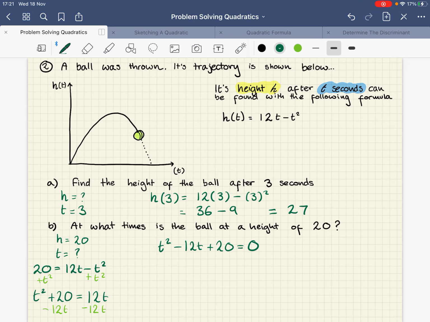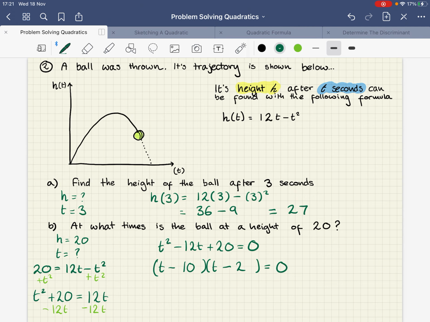And then I'll do my factorising. In this case, I'm not going to go through the process. I'm just going to go straight to the factorised version, where it's going to be, oh, it's not going to be plus there. It's going to be t minus 10 and t minus 2 equals 0.